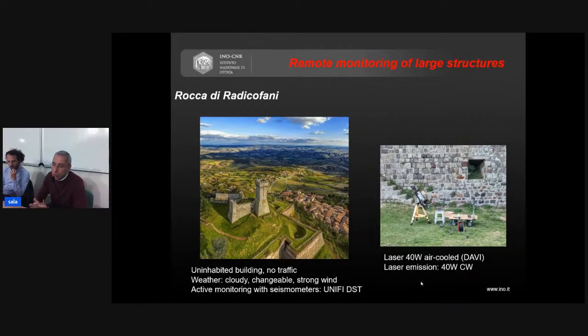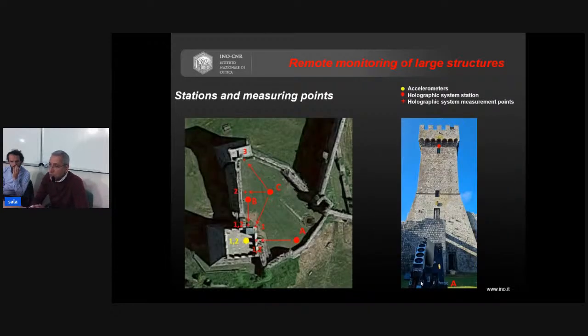I will show you an example of a measurement obtained during a measurement campaign on a historical structure in Tuscany, the Rocca di Cafaggio. On this occasion, we compared our holographic measurements with the seismometric measurements, obtained by positioning two seismometers at the top of the tower.